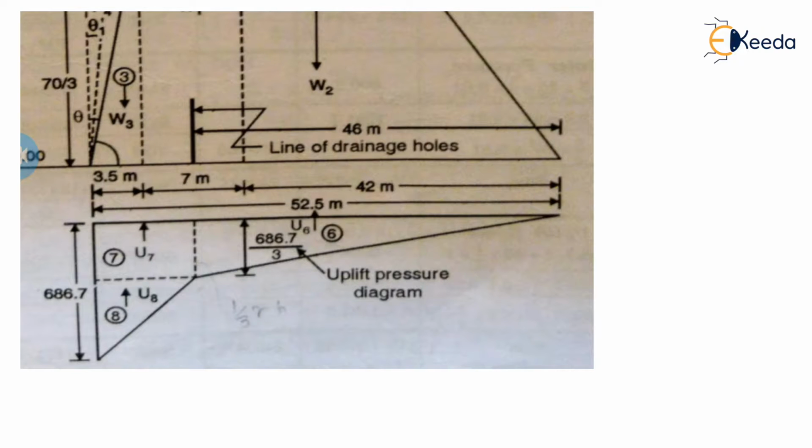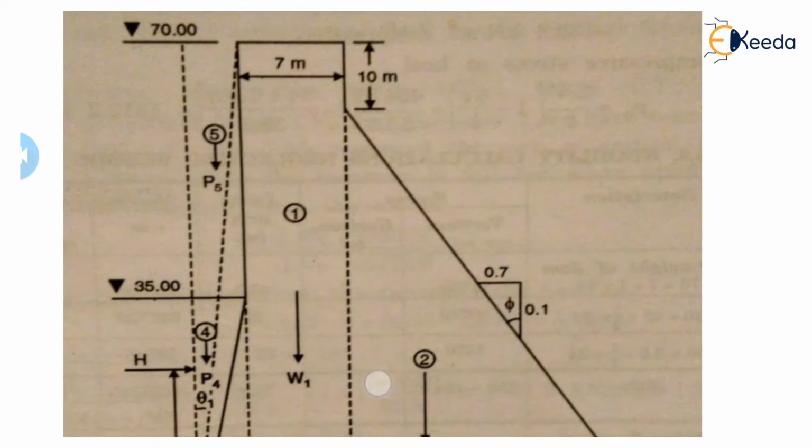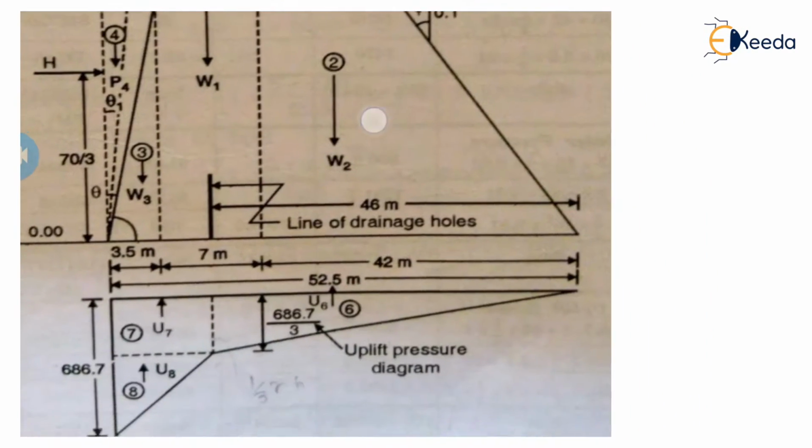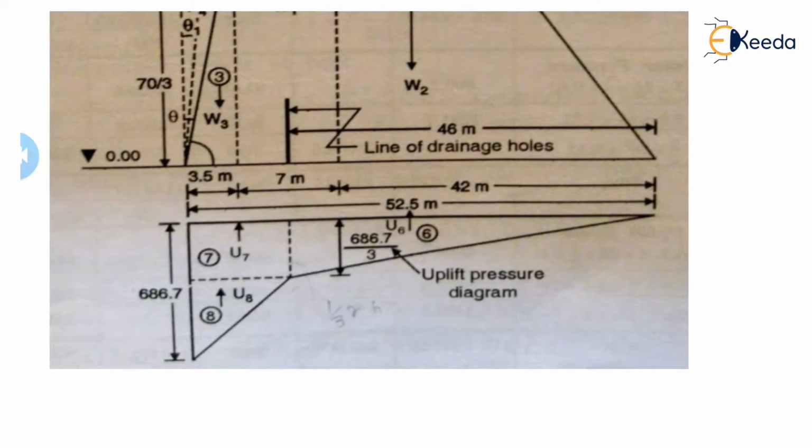If you divide 7 by 2, you will get 3.5. So 3.5 plus 3.5 is 7 again. But you can see it is not absolutely in the middle part of the body of the dam. So its distance is 6.5 meters from the upstream section.